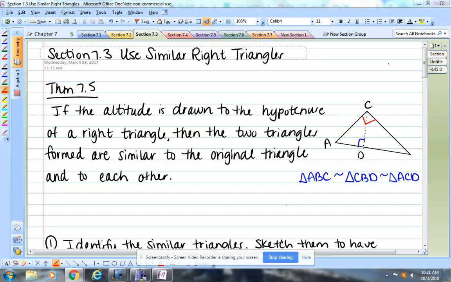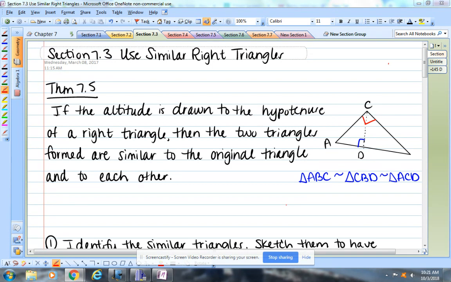An altitude is if we drop a perpendicular line from one angle to the other side of the triangle. So perpendicular lines form what kind of angles? Right, 90-degree angles. So if we drop an altitude from one vertex of a triangle to the other side, then we make perpendicular lines.